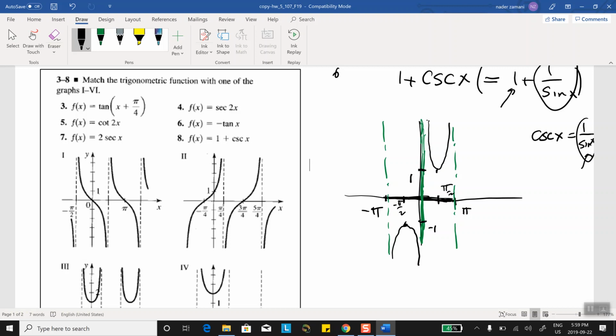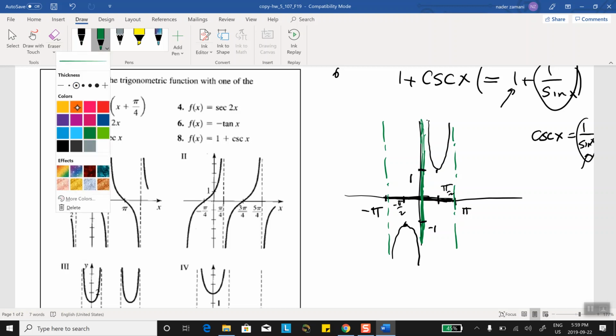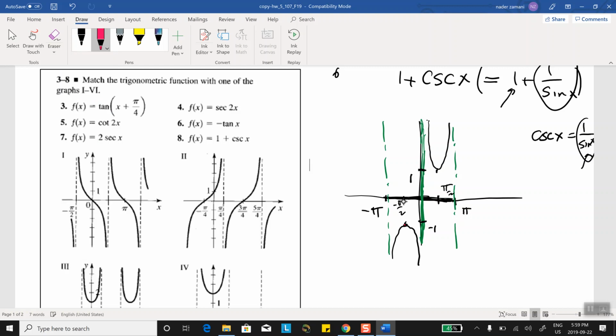Now, because we are interested in 1 plus cosecant, this whole thing is shifted up by 1 unit. Shifted up, right? So this point goes here, the red one, this one goes here. These asymptotes are still holding.